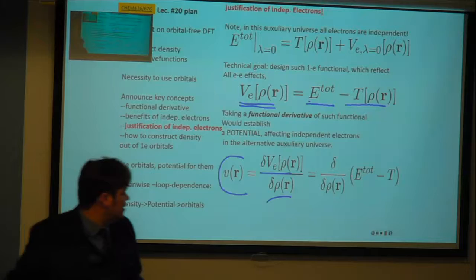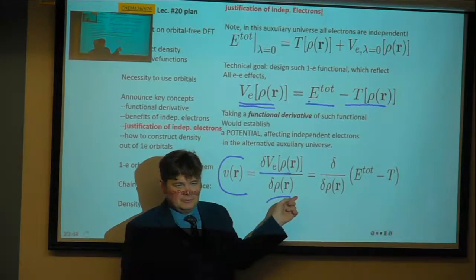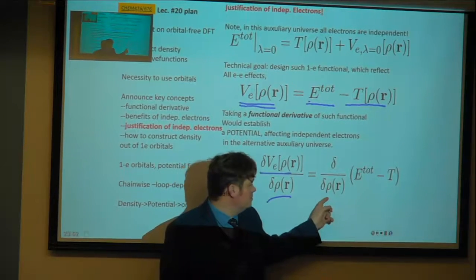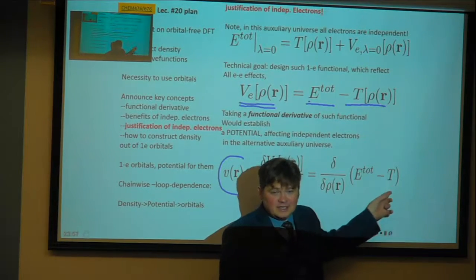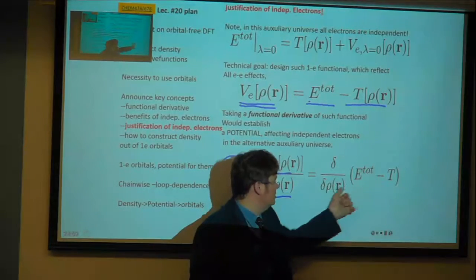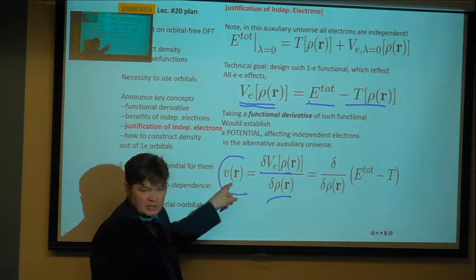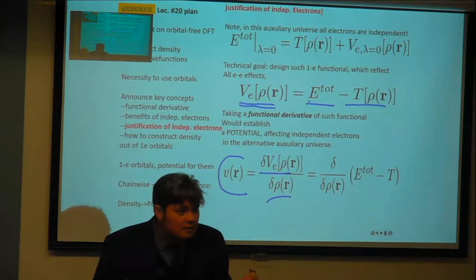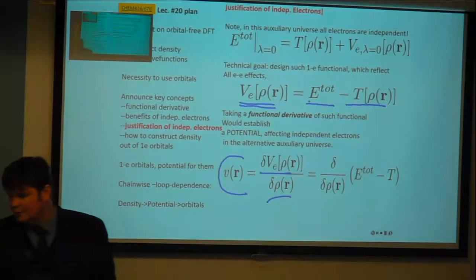And this equation is important. When we will be doing this, you will return to it. So if you have photographic memory, memorize it. It will help. So total energy is whatever it is. Kinetic energy is something that we can find old-fashioned based on wave function, and their difference in response to variation of the density is the potential that is used in the equation for one electron orbitals, or independent electrons.